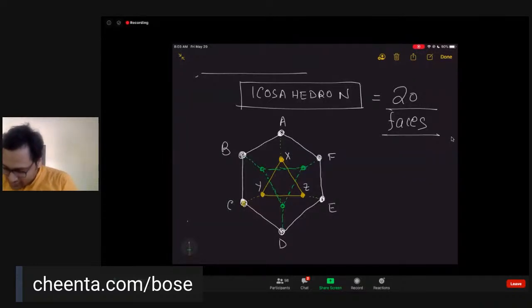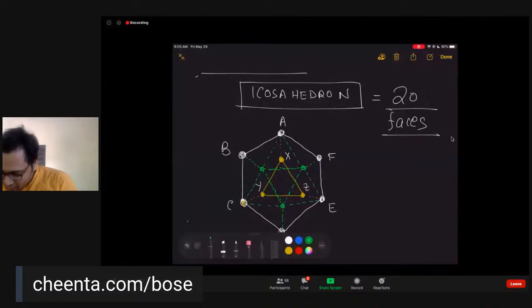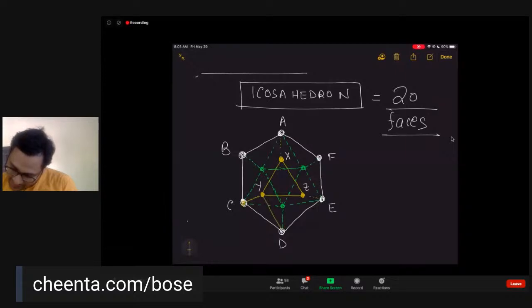Now I'll join this. With each of the green vertices, I'll join 3 vertices of the hexagon. And with each of the yellow vertices, I'll join 3 of the vertices of the hexagon.